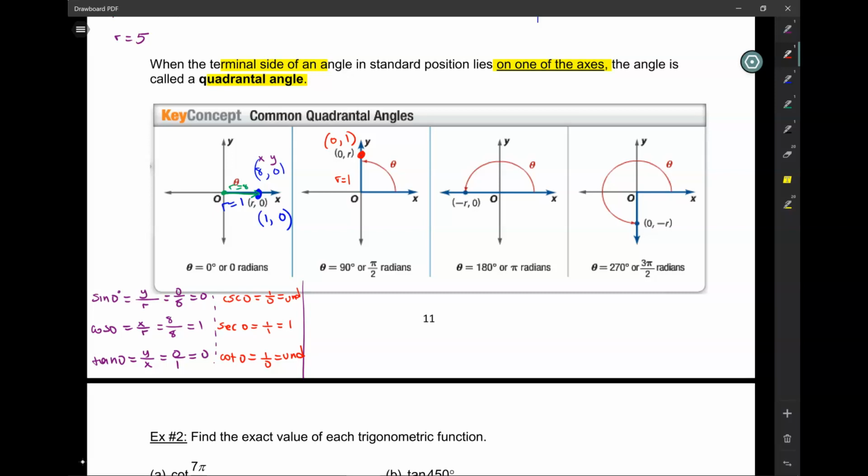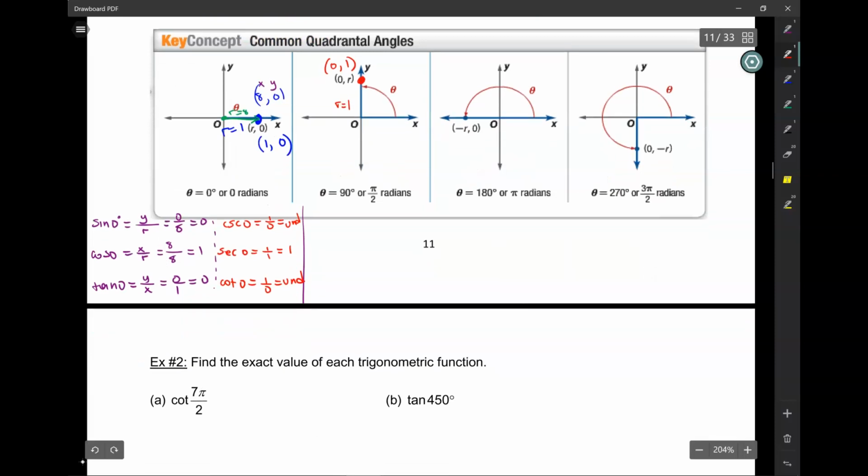The x or the y, it's a location. Okay. So now, here, my angle is 90 degrees, right? So I'm going to say, okay, sine of 90 degrees is y over r, 1 over 1, which is 1, right?